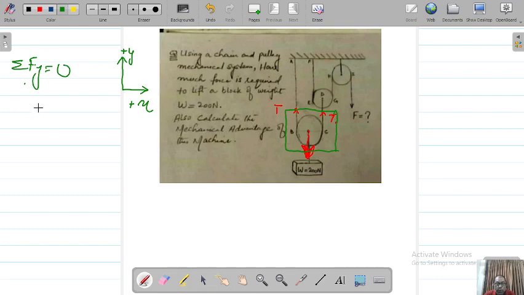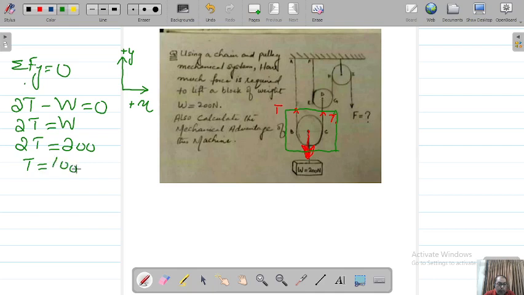The two T's are acting towards the positive y, so 2T towards positive y, the weight is acting downwards, minus W equals 0. So 2T equals W, which is 200. You get T equals 100 Newton.